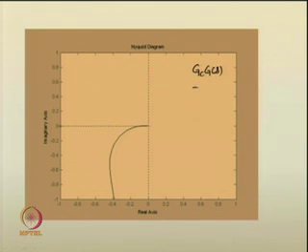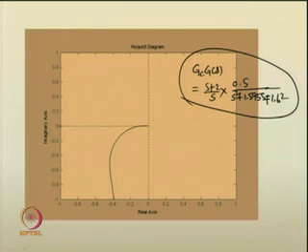The loop gain for this will be (s plus 2) upon s times 0.5 by (s square plus 1.595 s plus 1.62). So, using this loop gain or loop transfer function, one can obtain the polar plot or Nyquist diagram.